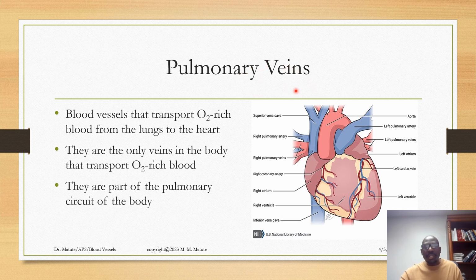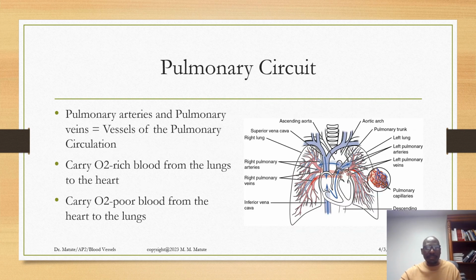If you're looking at models or diagrams of this, you will see that a pulmonary vein has thin walls and a large lumen, and the pulmonary artery has thick walls and a relatively smaller lumen or cavity. The pulmonary circuit is made up of the pulmonary arteries and pulmonary veins.